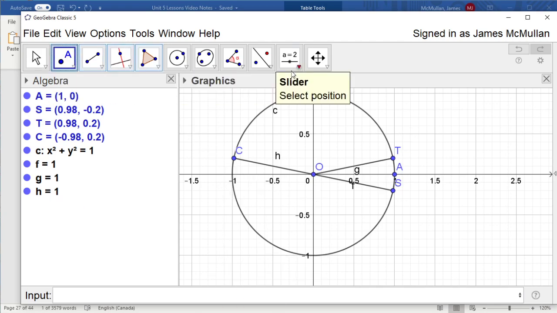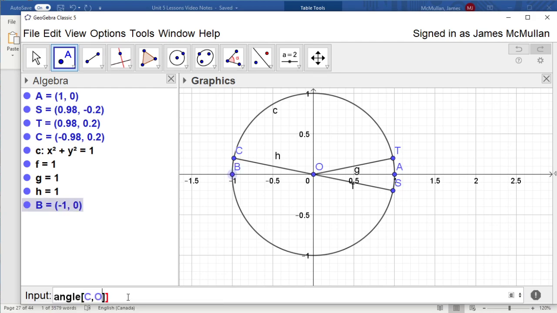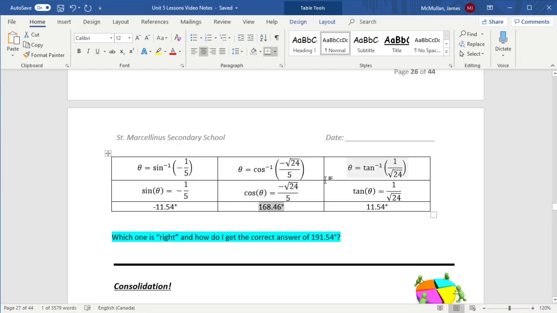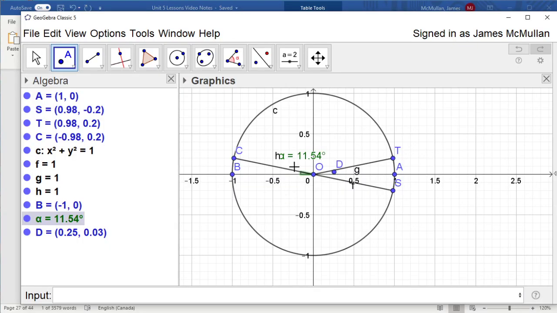The beta on the left side, so let's just draw another point, B equals (-1, 0). And then angle COB is 11.54. You may not have noticed that the answer cos was giving you was exactly 11.54 away from 180. It was trying to tell you the beta. It wasn't trying to tell you the answer, it was trying to tell you the beta.